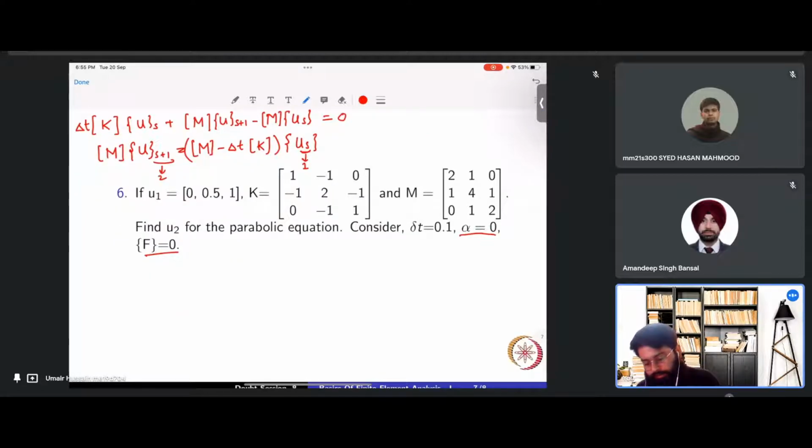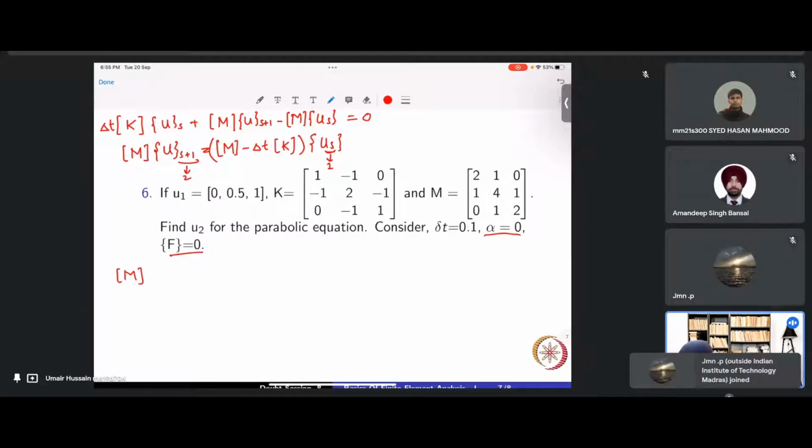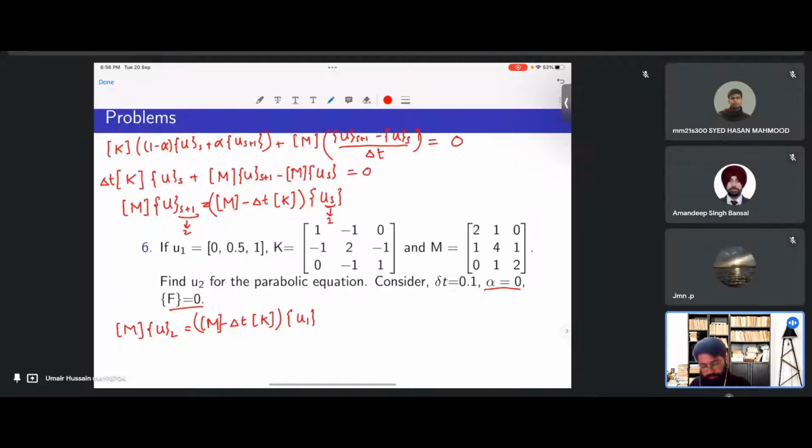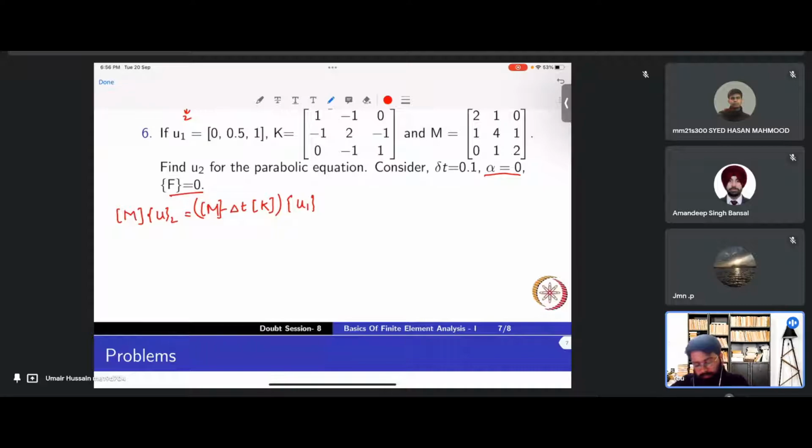So can we just write this as m times u2 equals m minus delta t k times u1? Okay, so we'll try to do this calculation one by one.